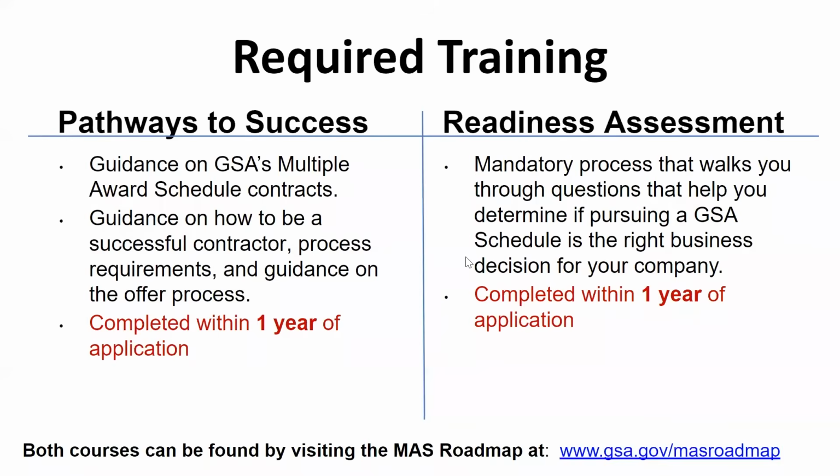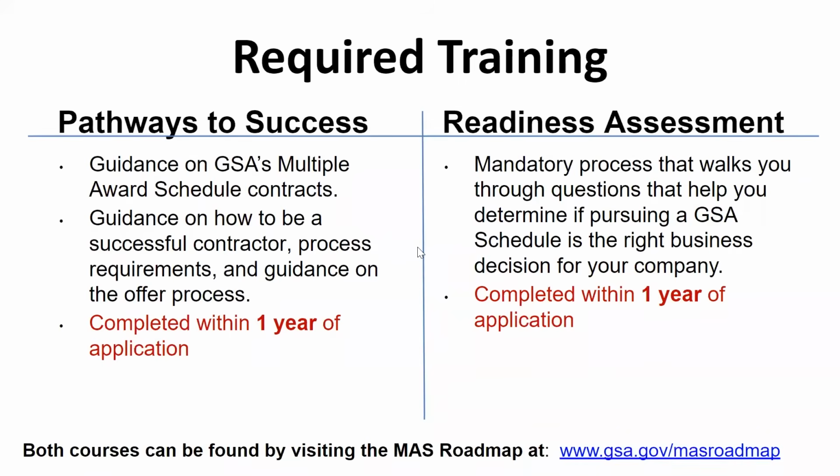So moving on to the required training. We had our prerequisites, and then we have registering in SAM, UEI. We have getting a FAS ID so that you can upload your offer. Now you're in the process. We're talking about training. So you have your Pathways to Success and your readiness assessment.